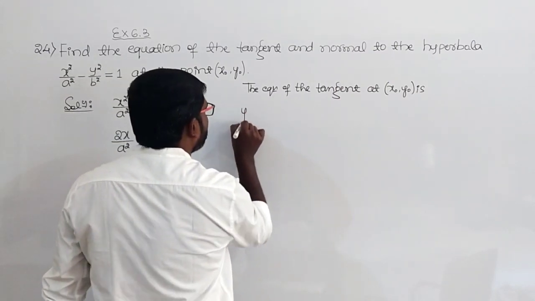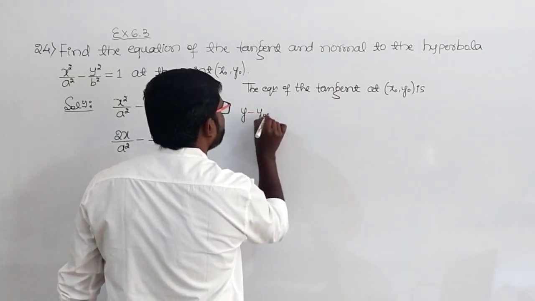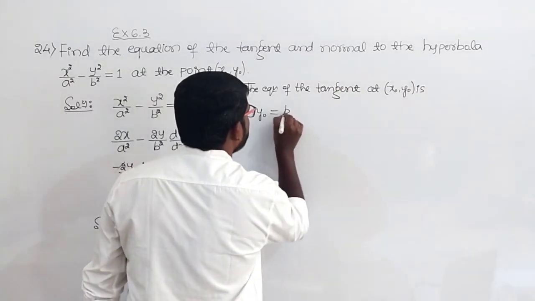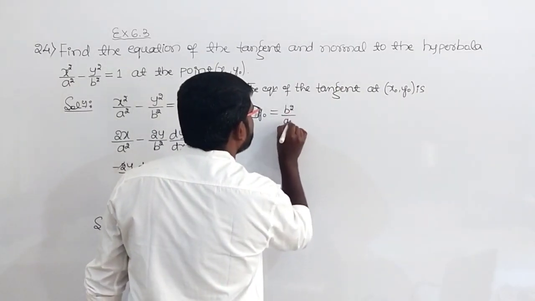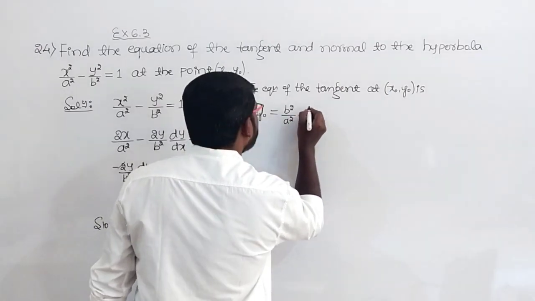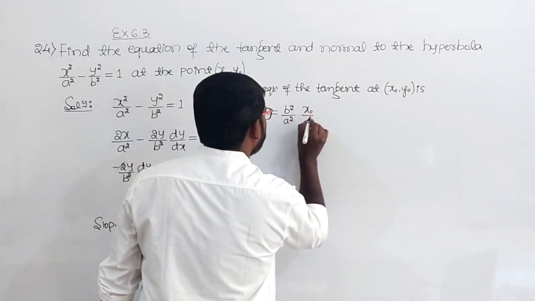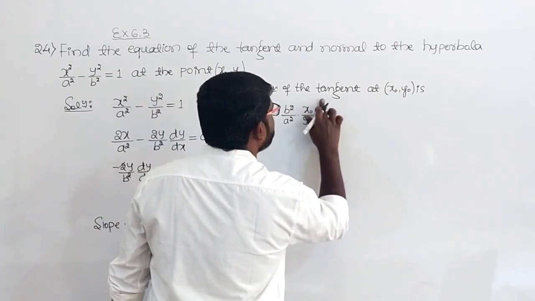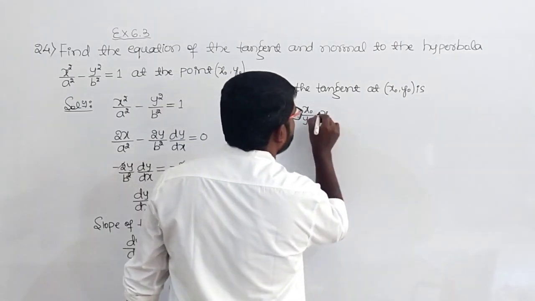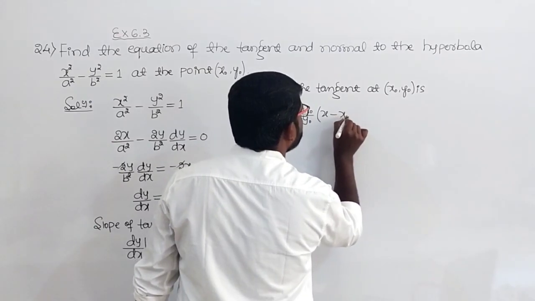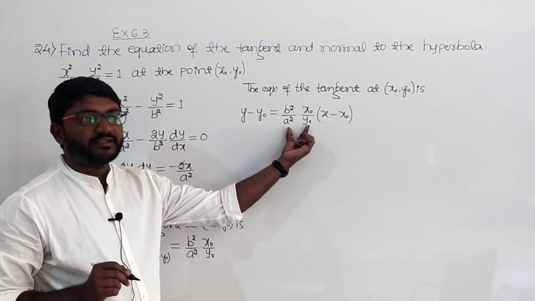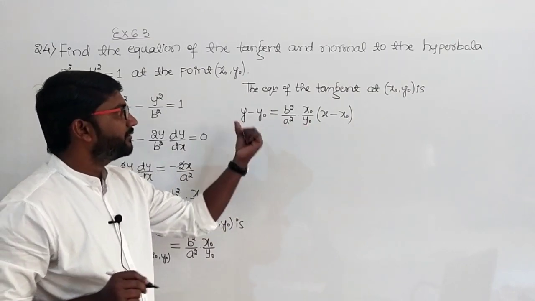y minus y naught, which is equals to the slope, that is b square by a square into x naught by y naught into x minus x naught. So now take these two terms to the left hand side, it will be multiplied with y and y naught.